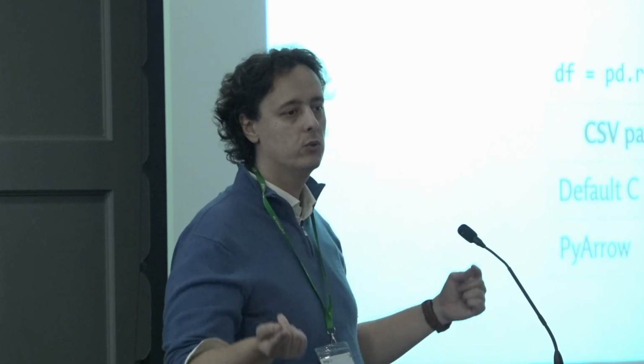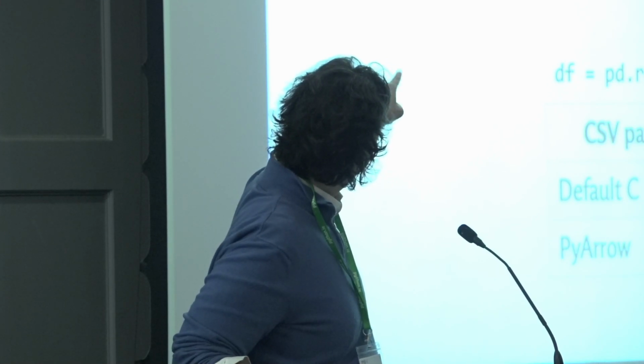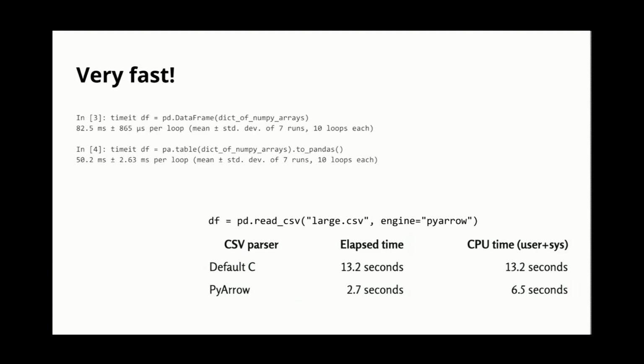So in practice, we are doing two different operations, and doing those two different operations is faster than just directly loading the data into pandas itself. So usually it's better for you if you go through Arrow and then convert to a pandas data frame. That usually ends up being faster.